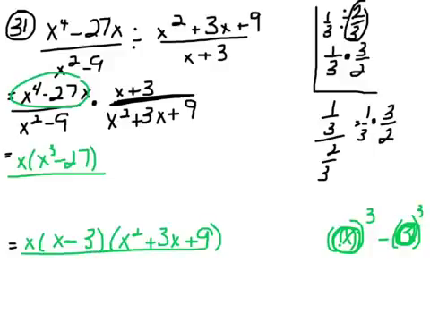Okay, let's look at the bottom of that fraction. Let's just keep working on the first fraction. What kind of pattern is this right here that I just circled in red? Yeah, it's a difference of 2 squares. What do you square to get x squared? You square x. What do you square to get 9? 3.